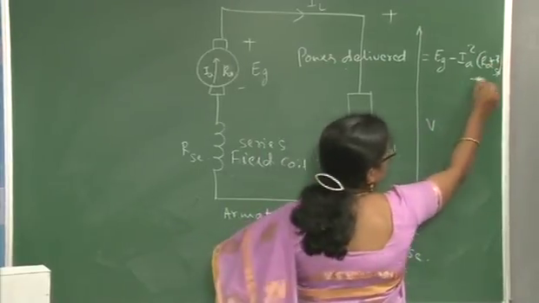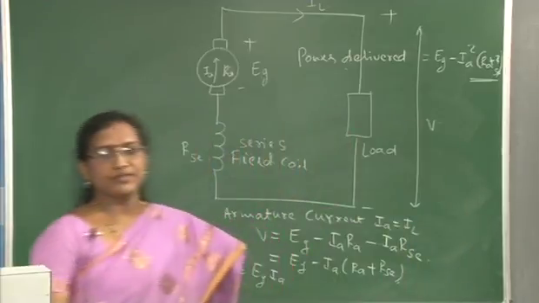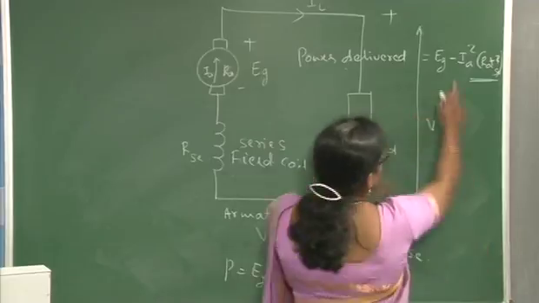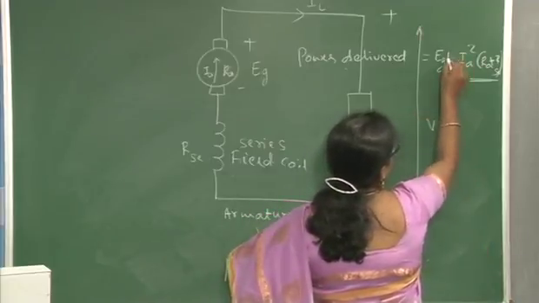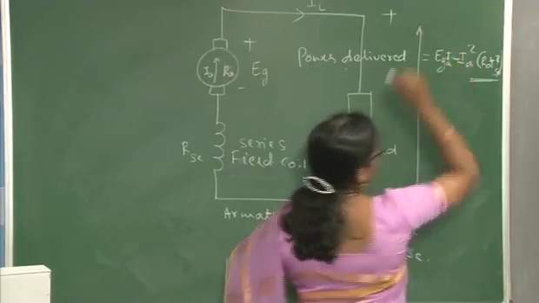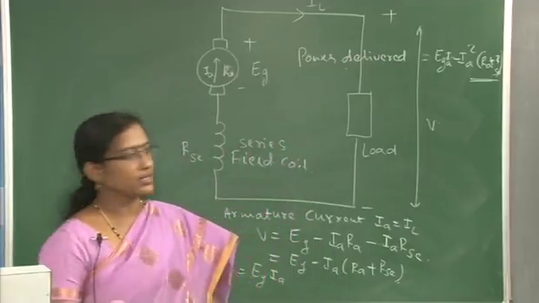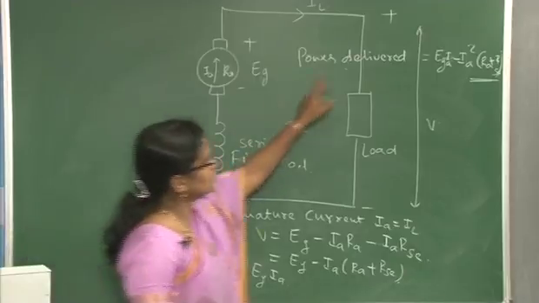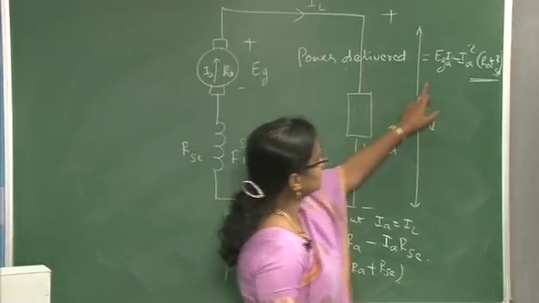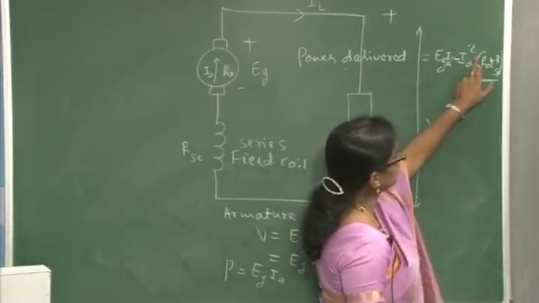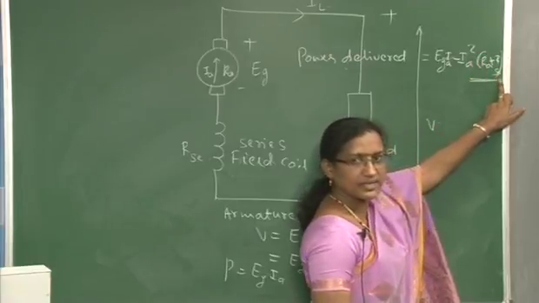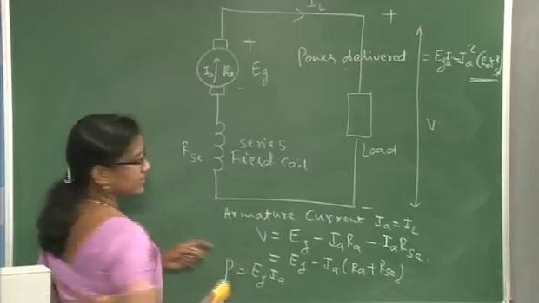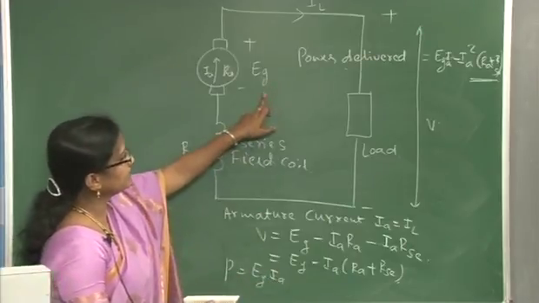You have to include the effect of field resistance also. The power developed is EG IA, then minus the copper loss of the armature resistance and the field resistance. So, the power delivered to the load is equal to EG IA minus IA square (RA plus RSE). This is the equation of power delivered to the load in case of series excited DC generator.